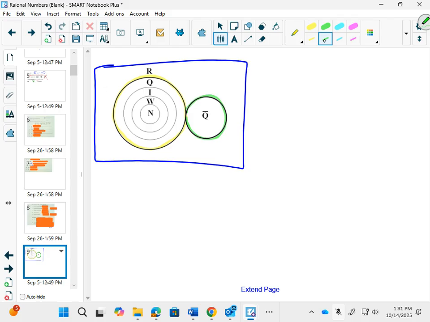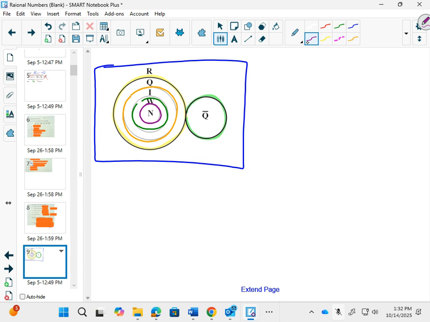So in the yellow circle, there is the orange circle inside of it, and then there's a green circle inside of that one, and this purple circle inside of that one. And so if something's in the purple circle, it's also in the green circle, it's also in the orange circle, it's also in the yellow circle. And everything is in the blue box, which is all real numbers.